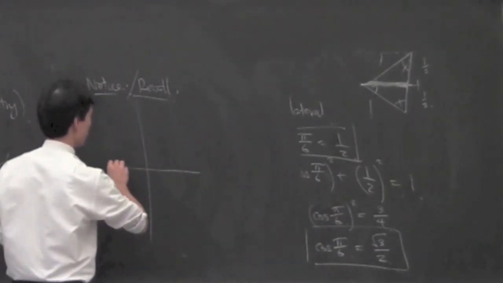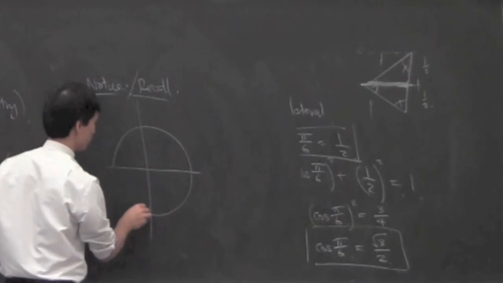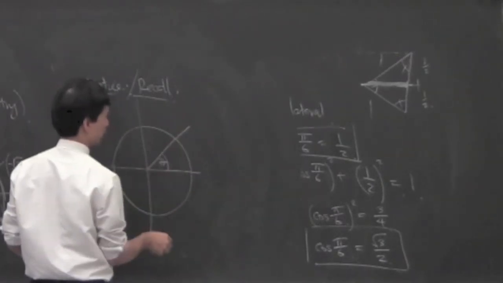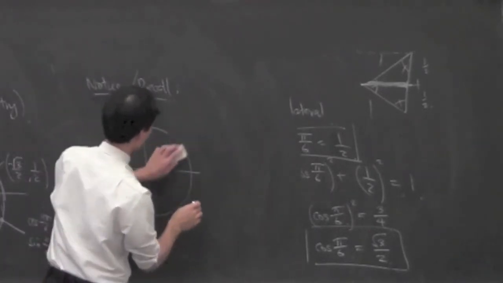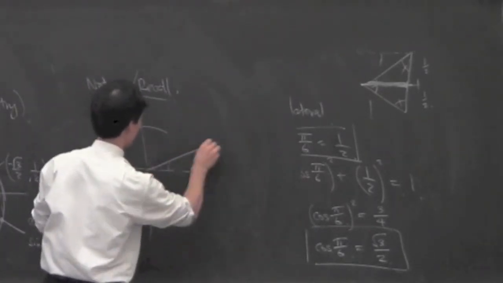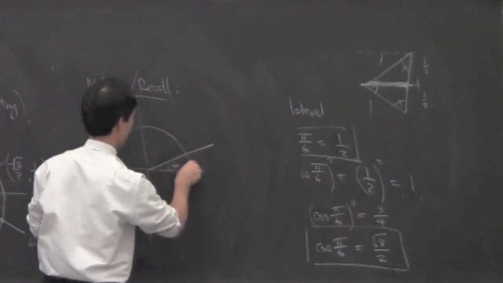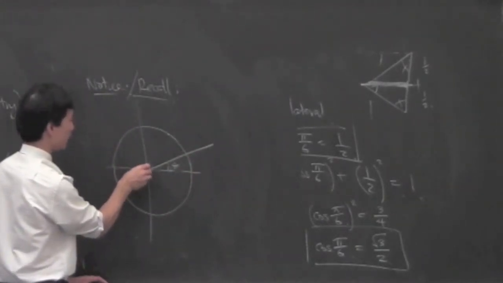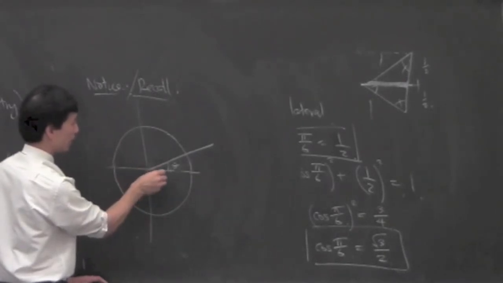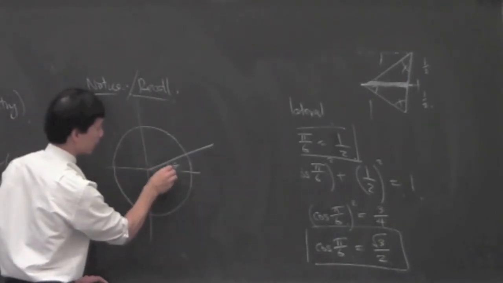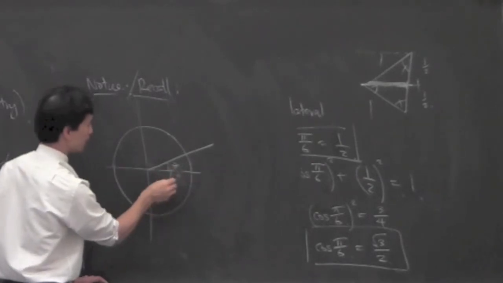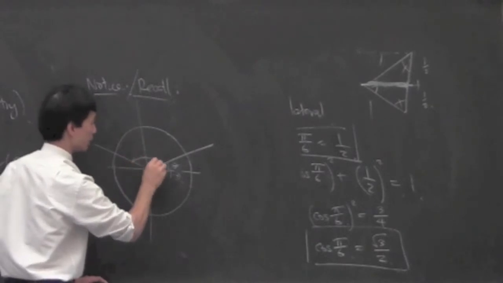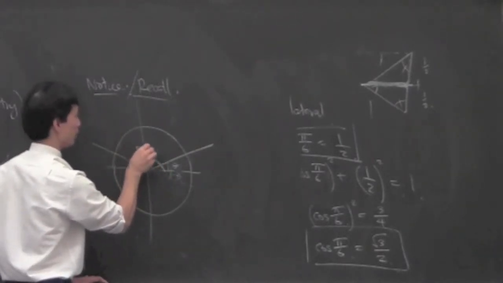If I have an angle theta, let me draw something, and I look at pi minus theta. This angle here is theta, and over here is pi minus theta.